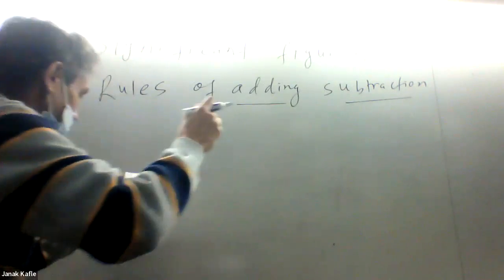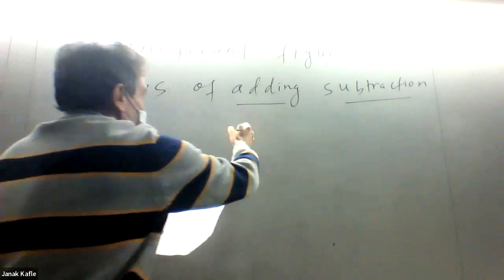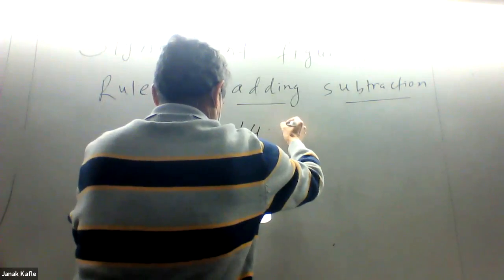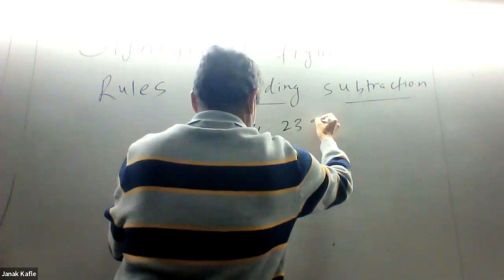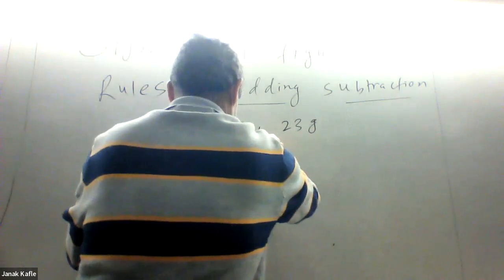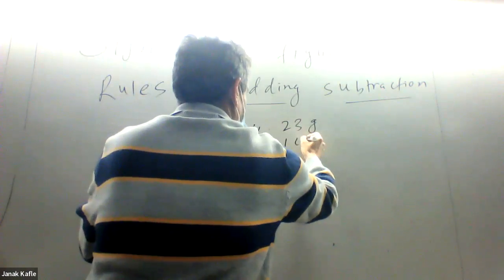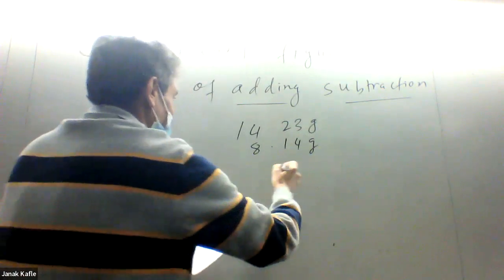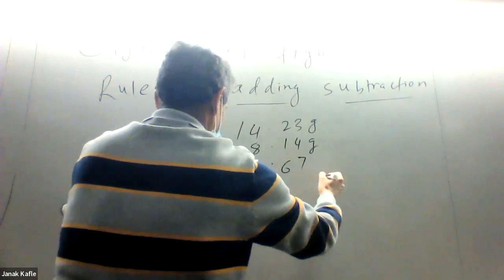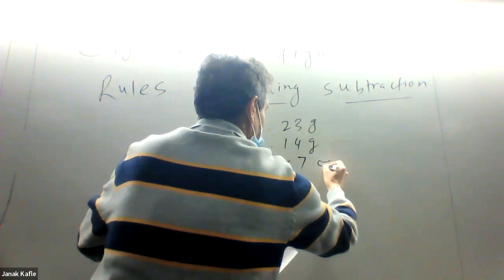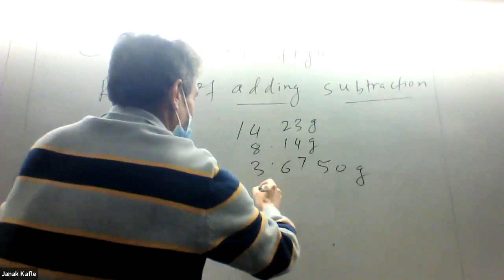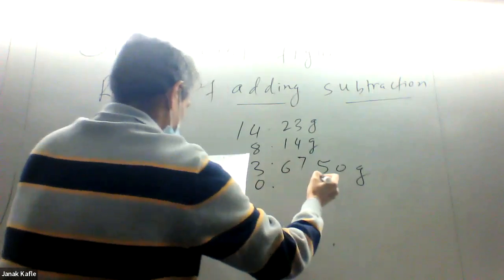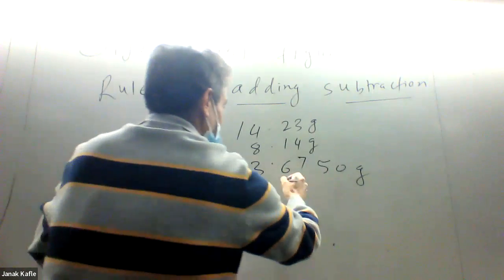So let's do the rules of adding and subtraction. Here I have numbers: 14.23 gram, and I have 8.14 gram. So I have many masses here, and I have 3.6750 gram, and I have 120.4 gram.